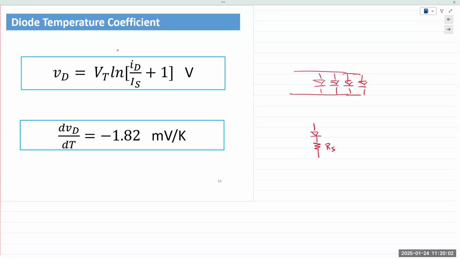The diode has RS equal to 1 ohm. So there is a series resistance. That series resistance is the opposition to the flow of current, so it's modeled as resistance. And this resistance RS is different for different diodes. So it's a different current, but the voltage remains the same.